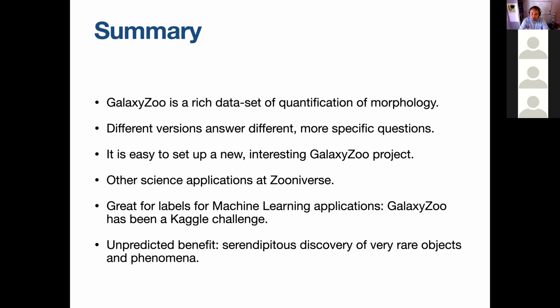So you can come up with your own questions, and maybe you can answer them with a combination of questions that have been asked for the Galaxy Zoo project. It's very easy to set up a new and interesting Galaxy Zoo project. It's actually remarkably straightforward to load up all your images and set up a question tree. That part is easy. It actually comes down to, are you going to regret the questions that you put in?